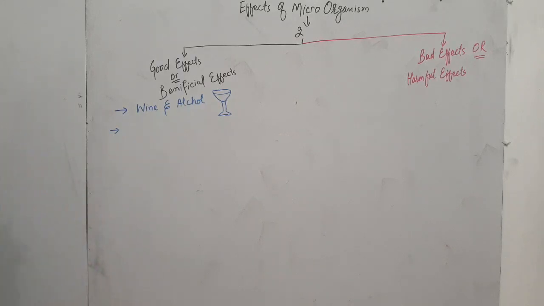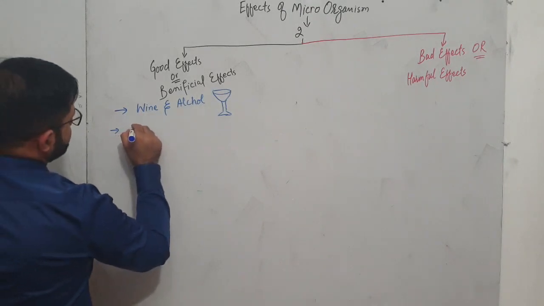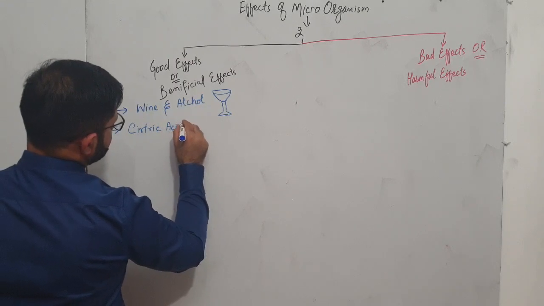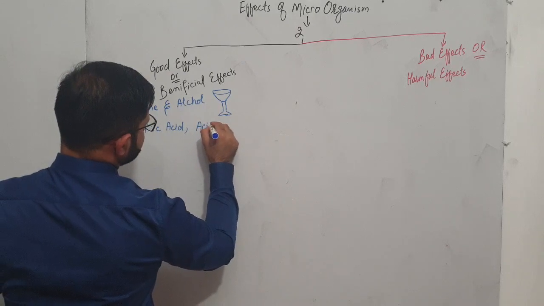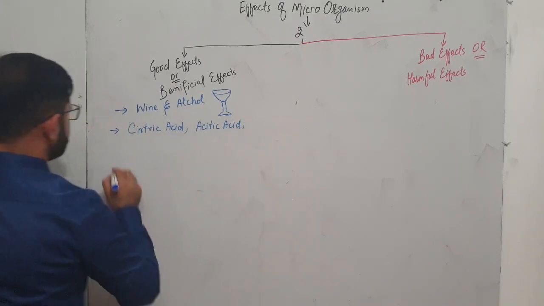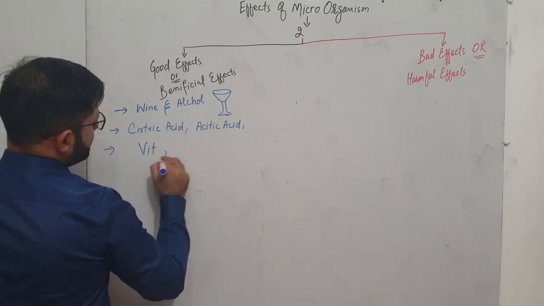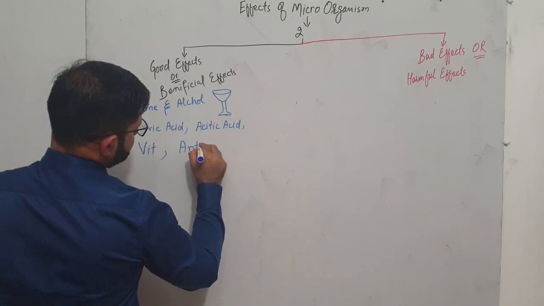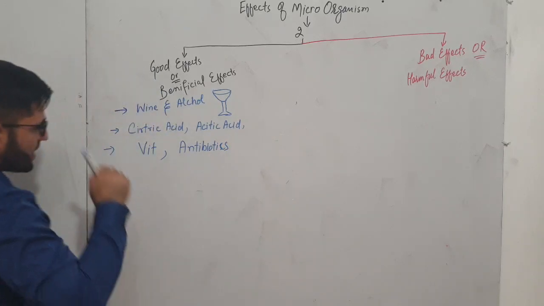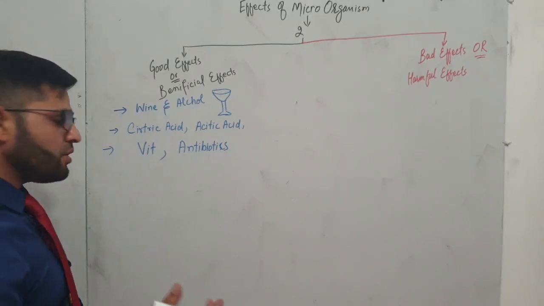Next, they also help in the formation of citric acid, acetic acid, etc. They also help in the formation of vitamins and antibiotics, which are used for the treatment of diseases caused by microorganisms.